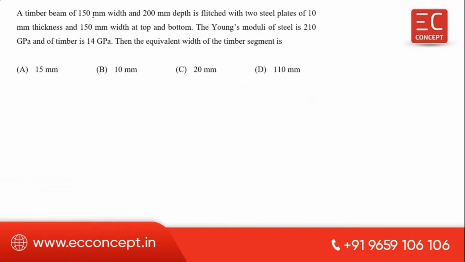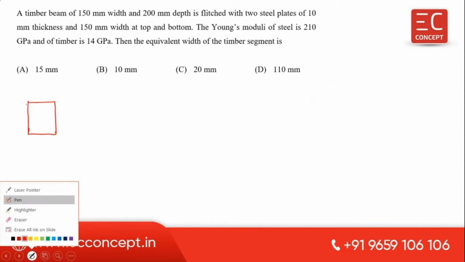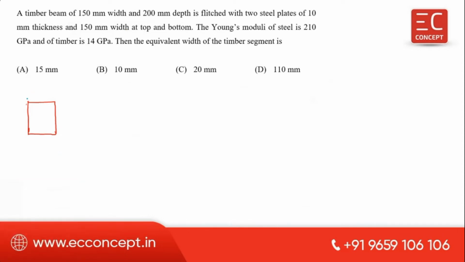A timber beam of 150 mm width and 200 mm depth, with two steel plates of 10 mm thickness and 150 mm width at the top and bottom. There are two steel plates. These are flitched at the top and bottom.